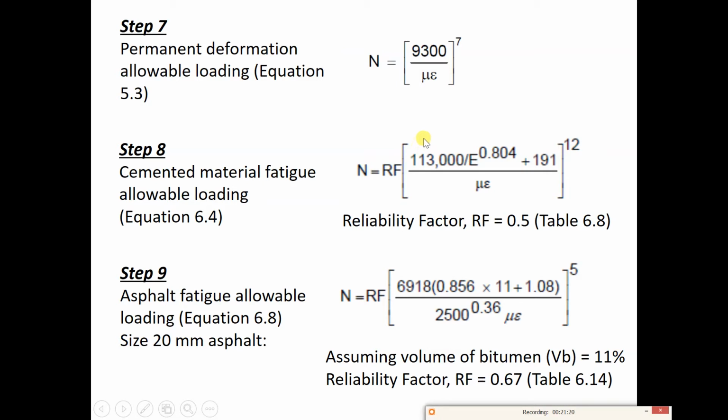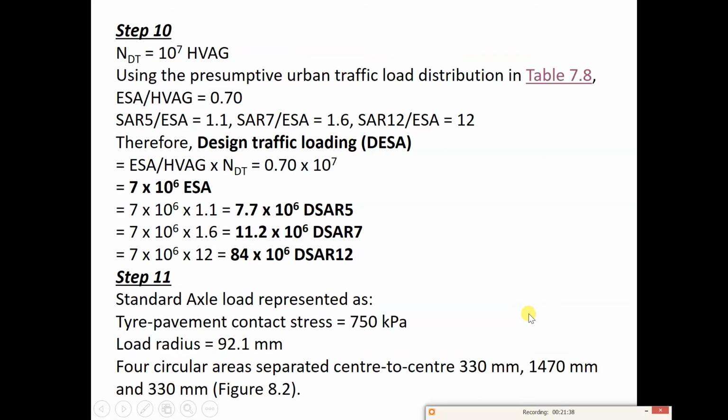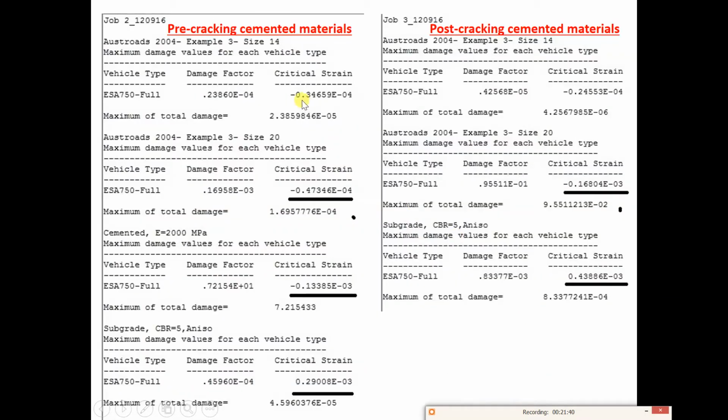We input all the materials and all the strain characteristics into the software, run it, and the printout will show us the critical strain. So this microstrain we'll get from here. This is the critical strain.